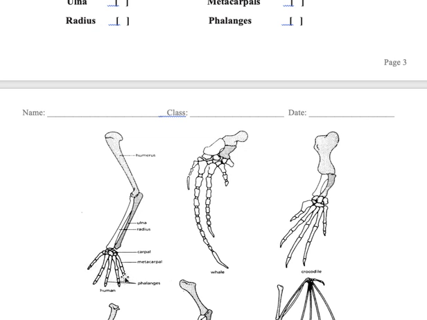Your phalanges are these bones in this region on the human arm. Your phalanges on the whale are these bones. Your phalanges on the crocodile, again, those are attached to the metacarpals. They're going to be yellow phalanges.